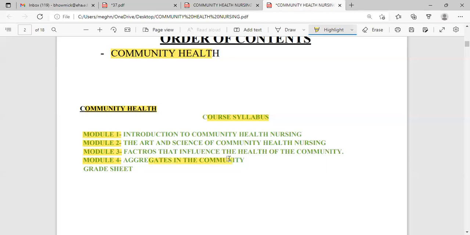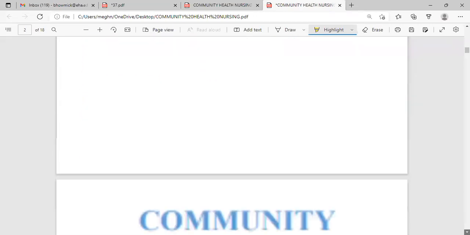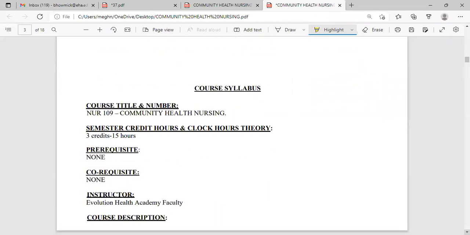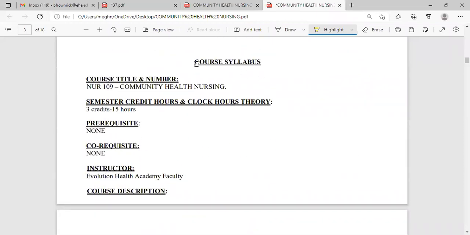So the community health nurse basically provides health services, can prevent disease, and provides intervention and health education to communities or population.